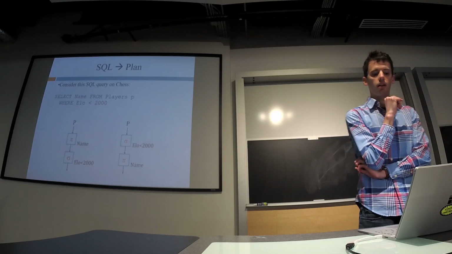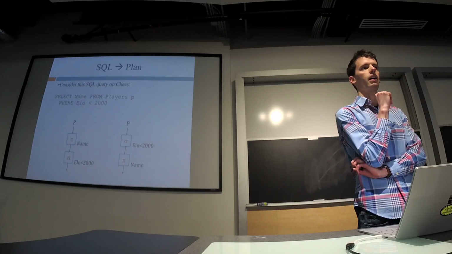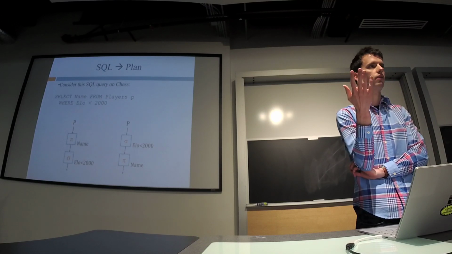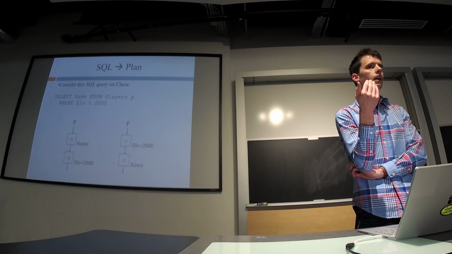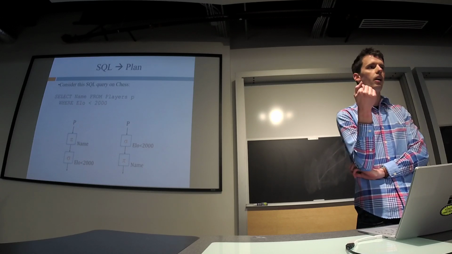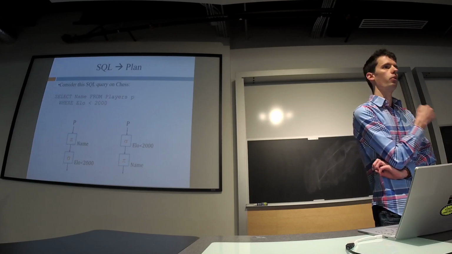The filter part, the Elo less than 2,000, is going to have to look at every row no matter what. Once we have filtered, we have fewer rows, and then the projection can look at fewer rows.